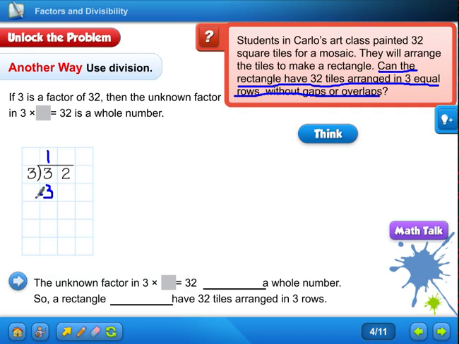Then subtract, check. Cheese and burger, bring down 2. How many 3s will it take to make 2 or almost 2?